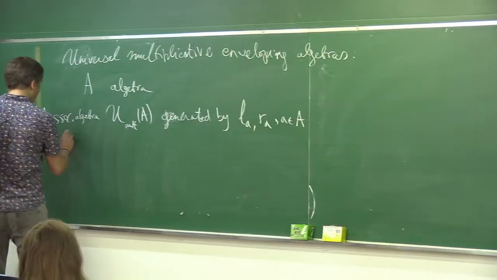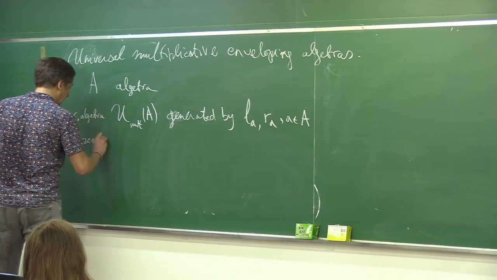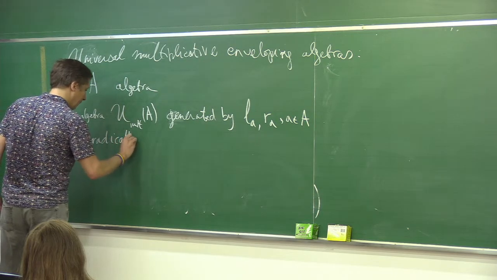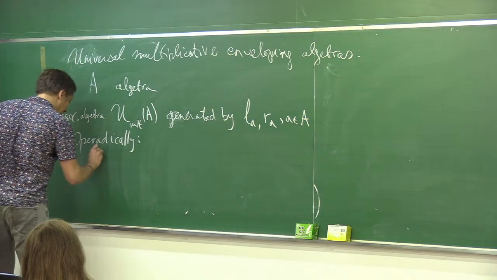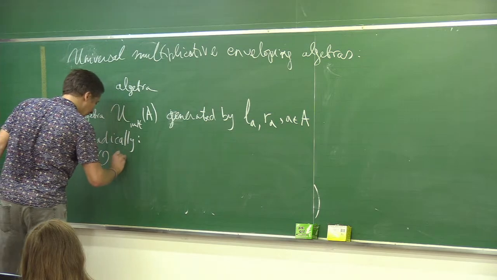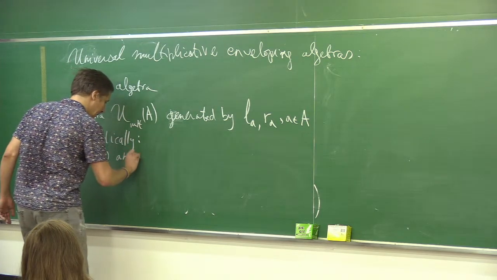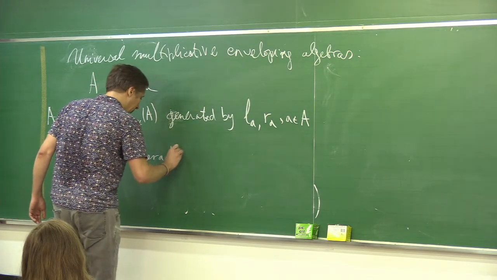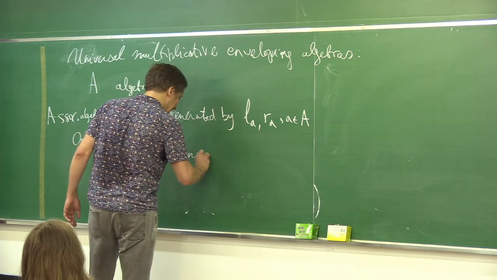Now, how to explain this operadically? Suppose that we have O an operad encoding our varieties of algebras.